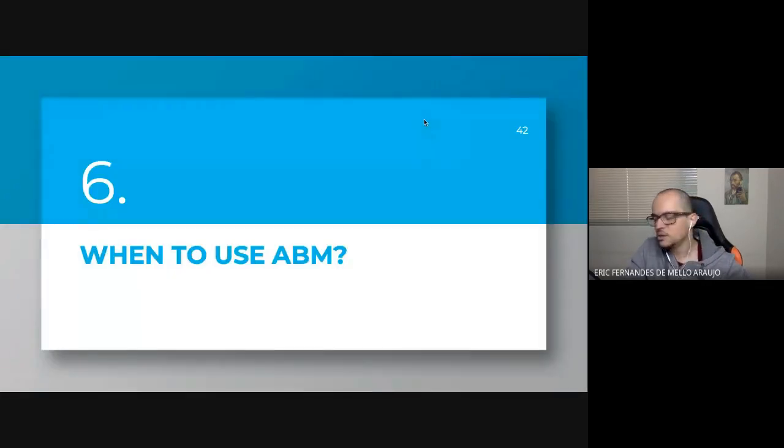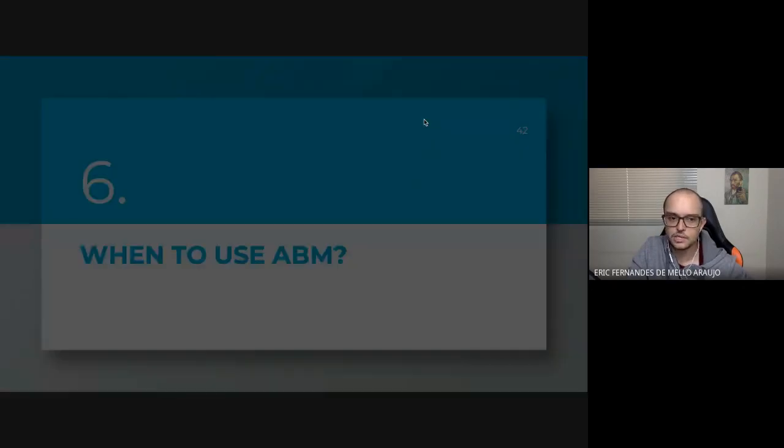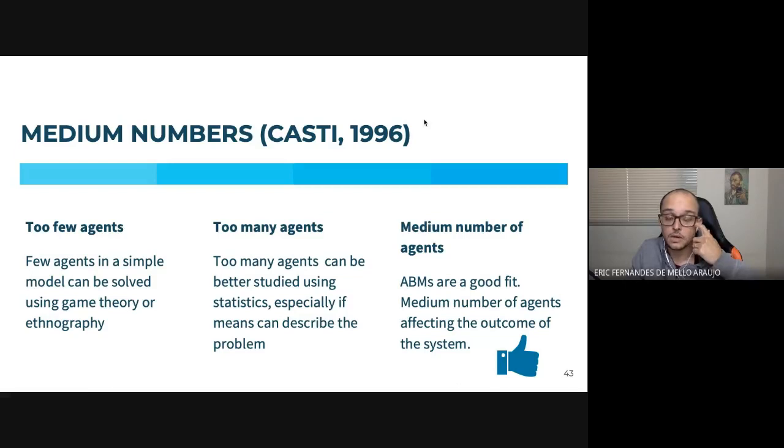So when to use ABM? Talking about these terms gives us a good idea about where we can use agent-based models, but there are some specific situations where we should or shouldn't use them. The first is the number of agents you have in your simulation.